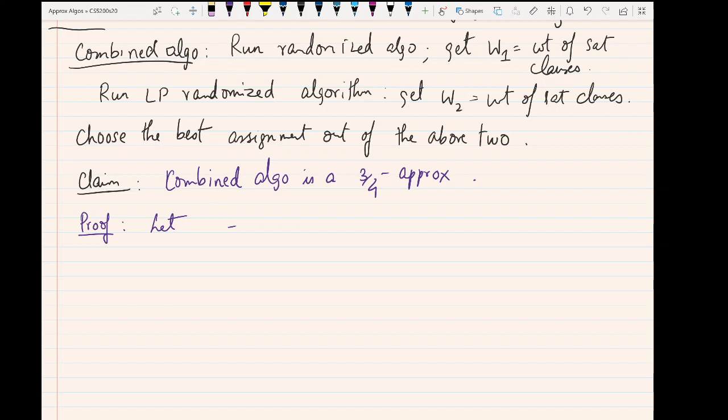Let W be the max of W1 comma W2, and the expected value of the algorithm is nothing but the expected value of W, right? And what is this equal to?